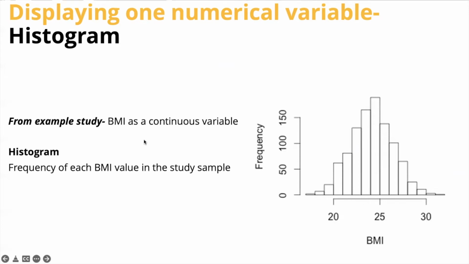For the histogram, all you have is the frequency, or the count, of each unique BMI value in your study sample. This will show, for example, if this is the 20 category, how many people in your study sample had a BMI of 20. So that's a histogram.